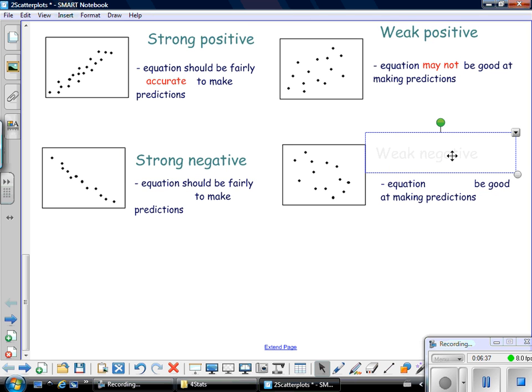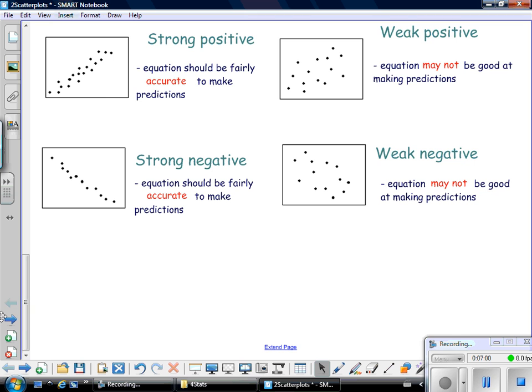The other one I would say is a weak negative. Again, it appears that it's going down, a downward trend. However, the points aren't close together. Just like when it was strong positive and weak positive, my strong negative means that I should have accurate predictions, and the weak negative means that it might not be very good at making predictions.